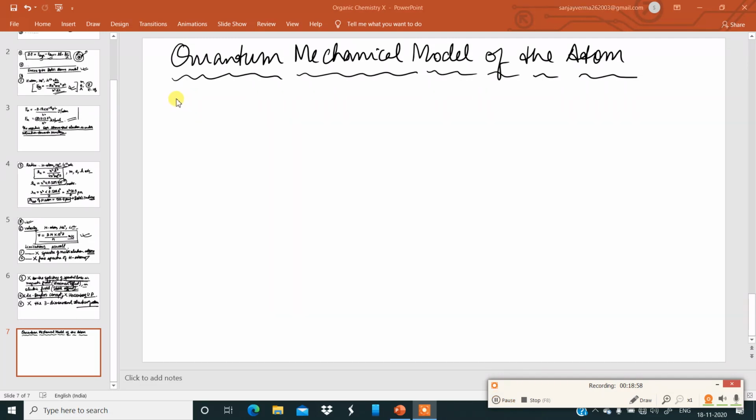Now it is important to understand the dual behavior of matter, which has been explained by de Broglie.